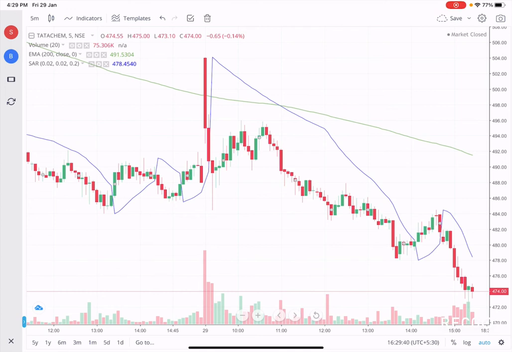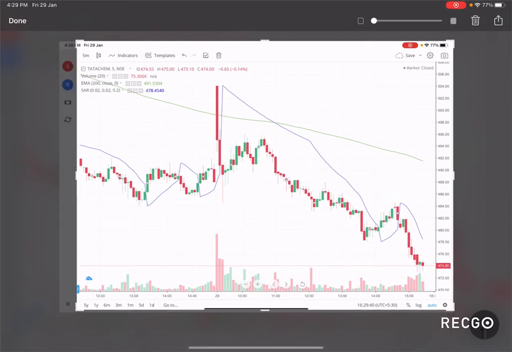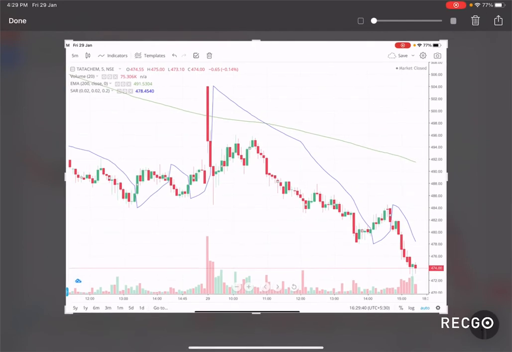In the first trade we shorted around 491 and exited around 480, so we gained plus 11 points.